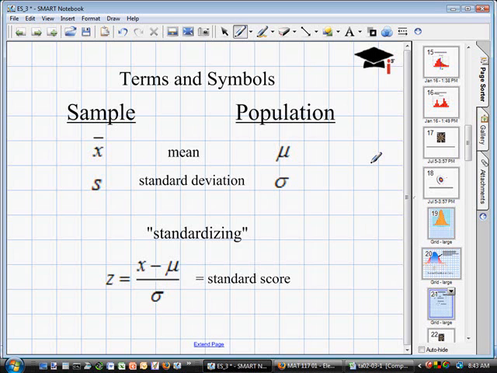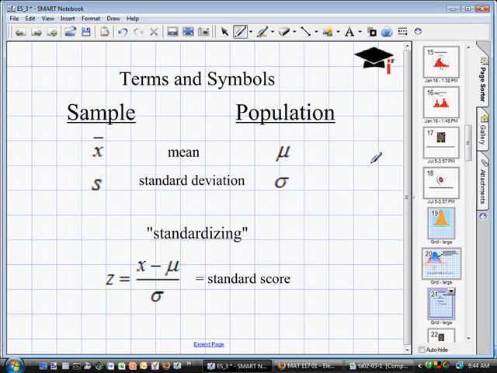When I have the entire population, then we use the Greek letters. The mean is the Greek letter mu. And by the way, the Greek letter mu is like their M. So guess why they use it? Mean. M. Makes sense. Why did we use X bar? I don't know, but we did. Standard deviation, S. Standard deviation, sigma. Same S. This is their S.